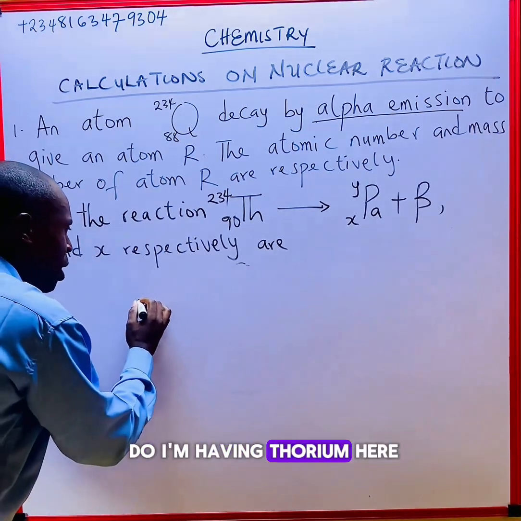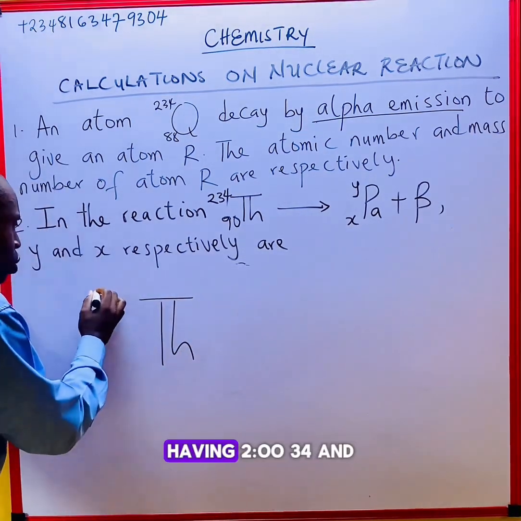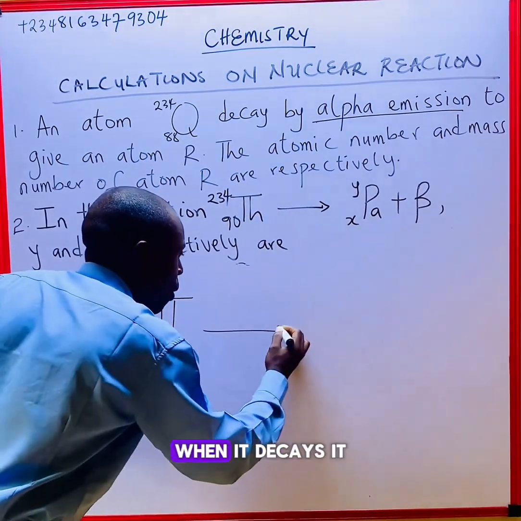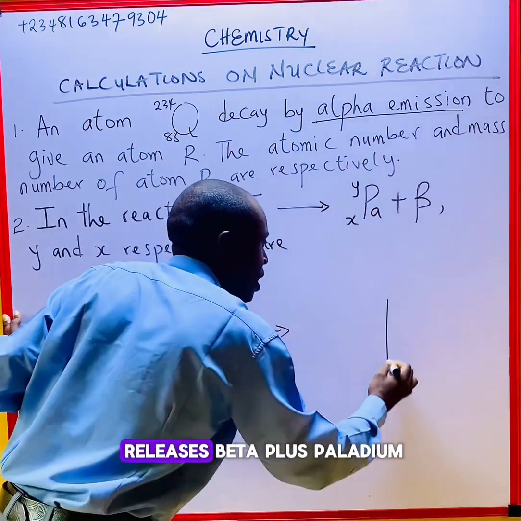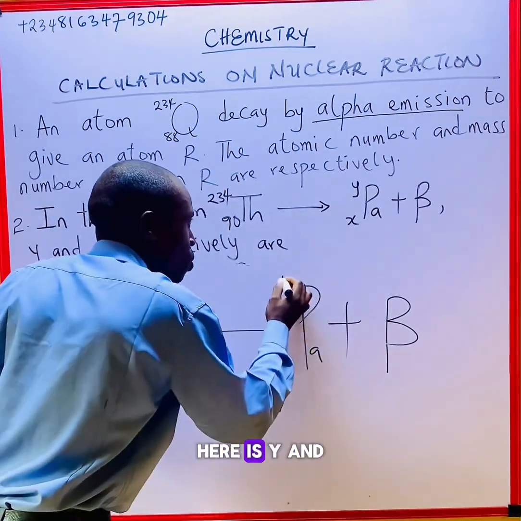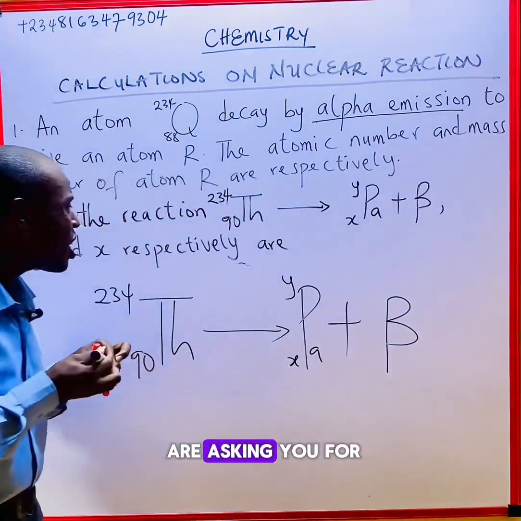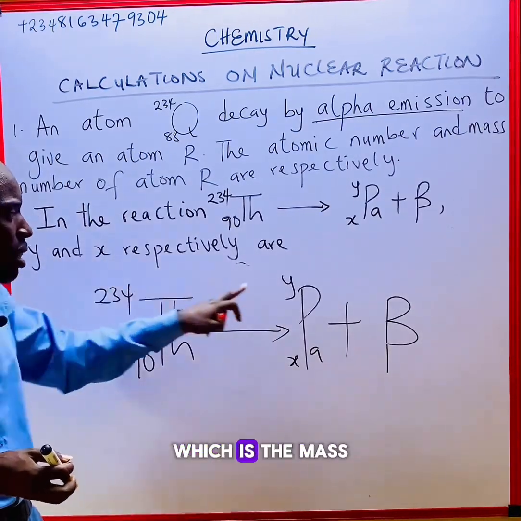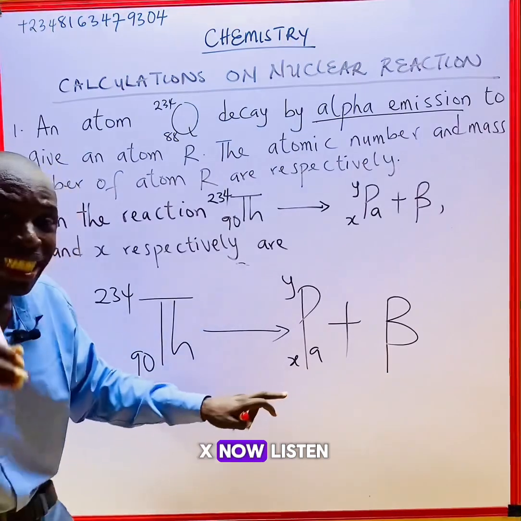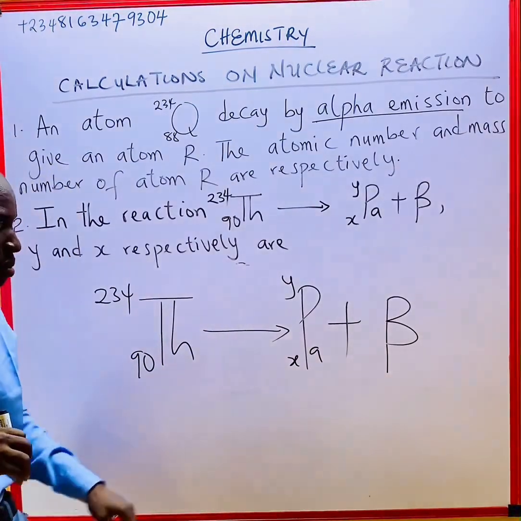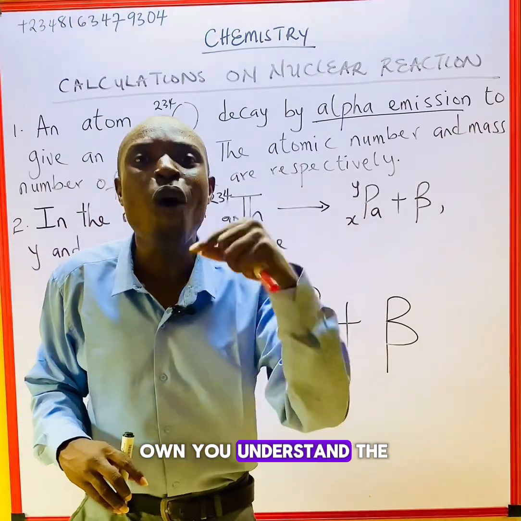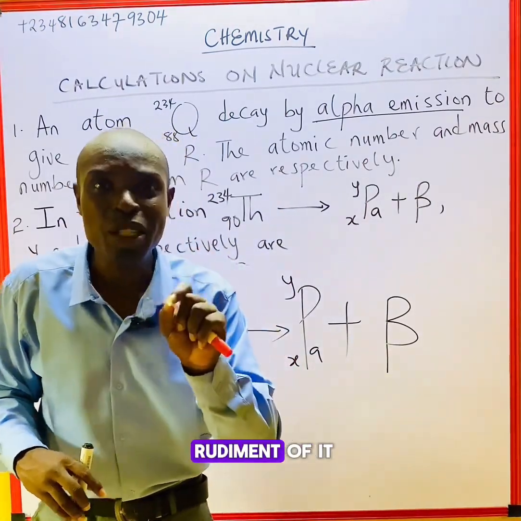I'm having thorium here, having 234. I'm having 90 at the atomic number. When it decays, it releases beta plus palladium. Here is Y and here is X. They are asking you for Y and X, which is the mass number is the Y, atomic number is the X. Now, listen. They didn't label here for you, but you on your own, you understand the rudiment of it.